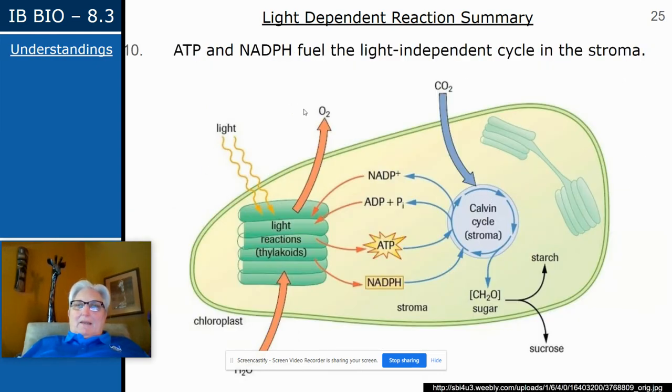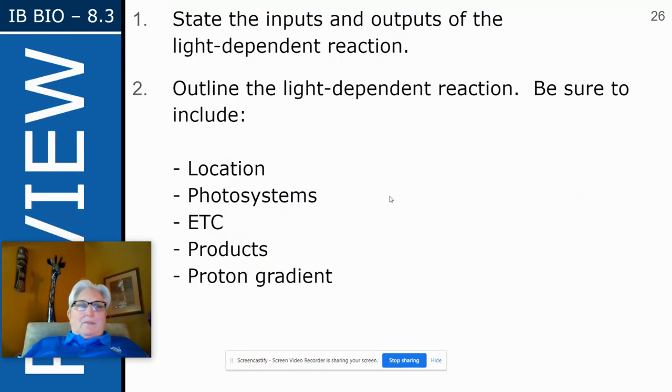So if we look at the light independent area over here, what are we producing? We are producing NADPH and ATP. So that's the light dependent reaction. Make sure you go over that, and if you have any questions, just let me know.